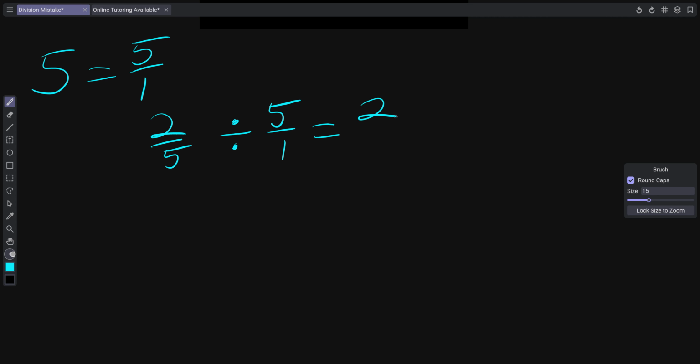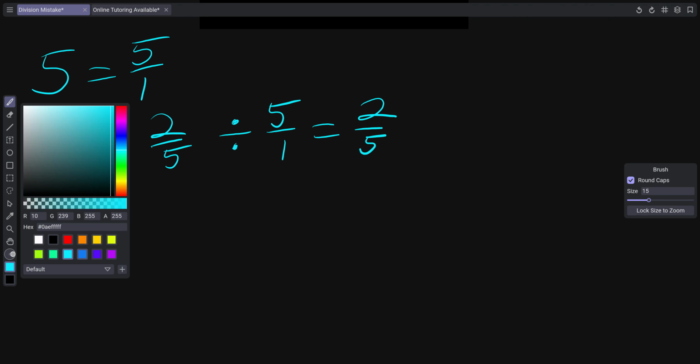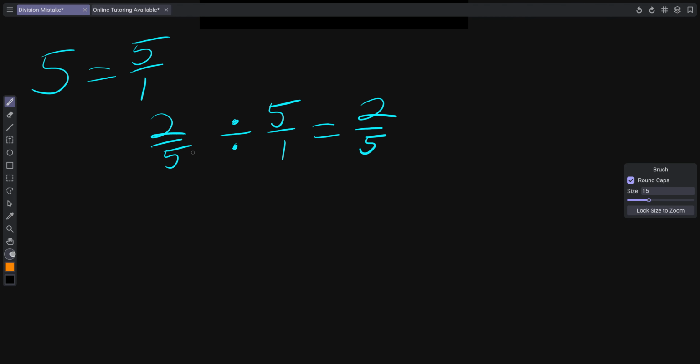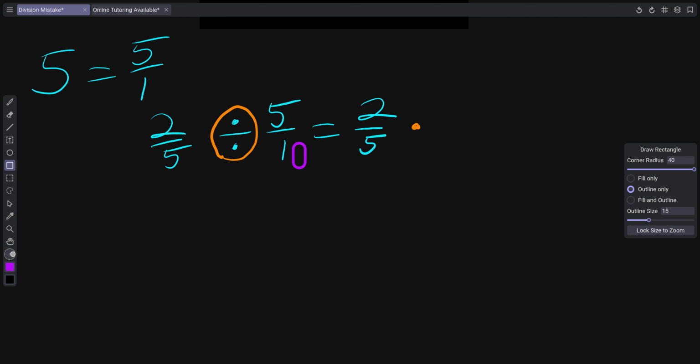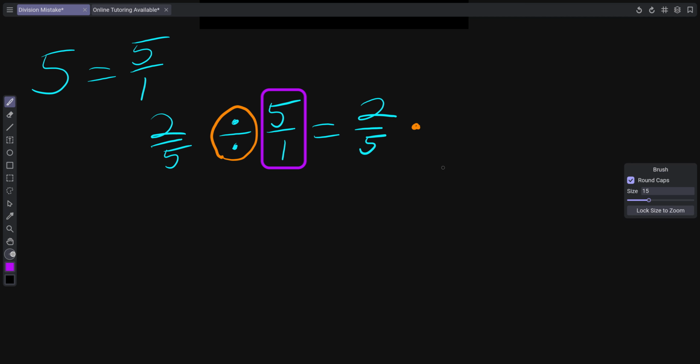So 2 over 5, this doesn't change, but one thing that does change is this will become a multiplication sign. And then this fraction over here on the right will get flipped. So that will become 1 over 5.